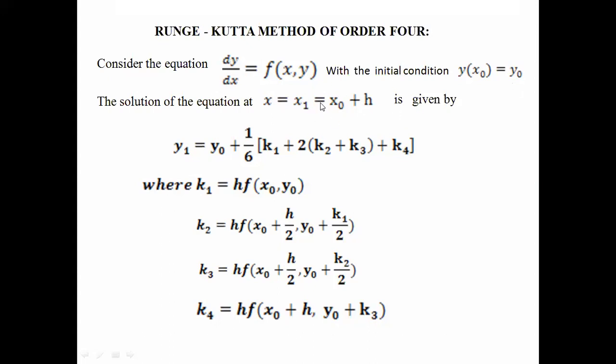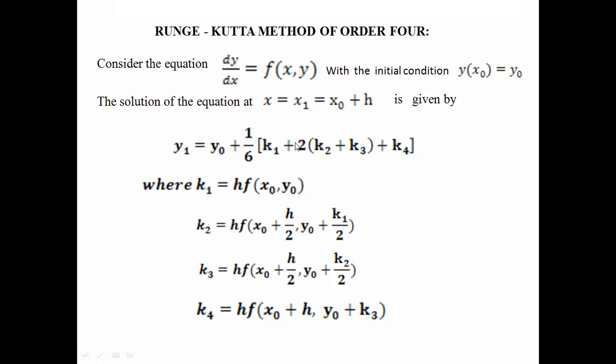Then the solution at this point, by knowing the solution at x0, is given by this simple formula: y1 is equal to y0 plus 1 by 6 into k1 plus 2 times k2 plus 2 times k3 plus k4. This formula is called the Runge Kutta method of order 4. Runge Kutta method of order 2 means this k1 plus k2 only, multiplied by 1 by 2.